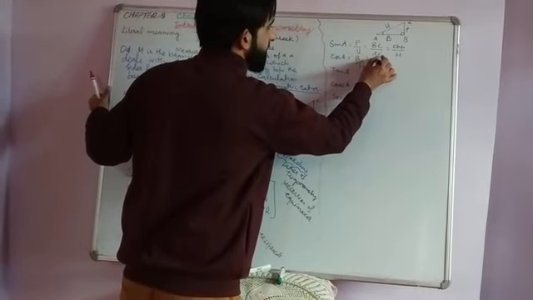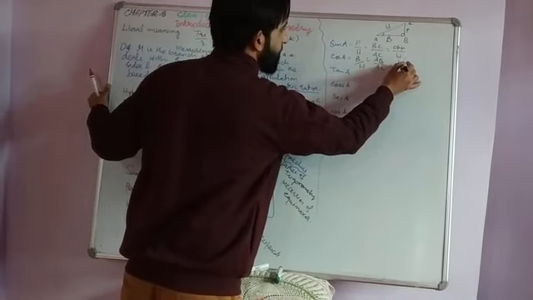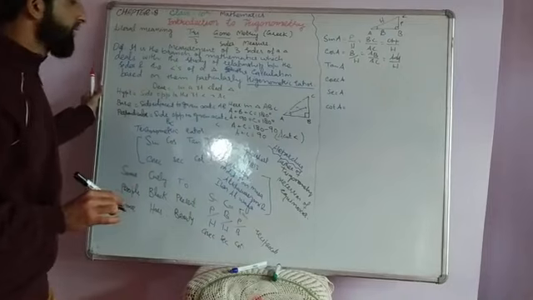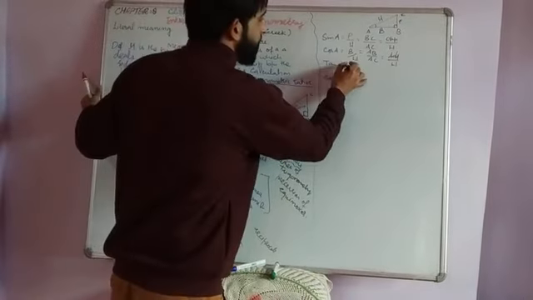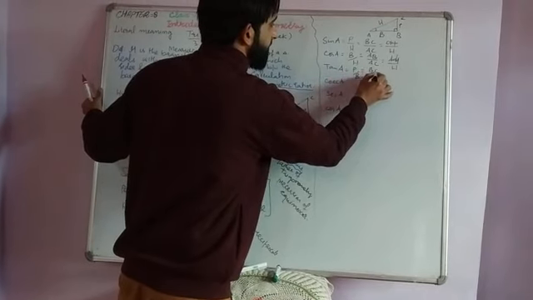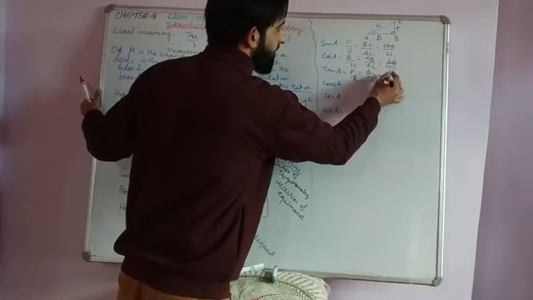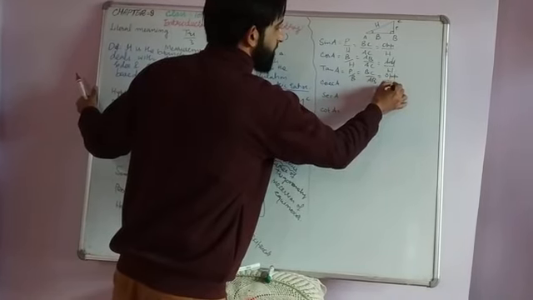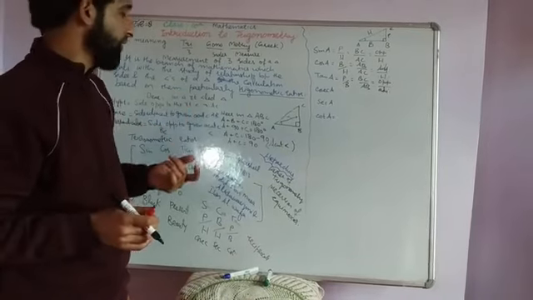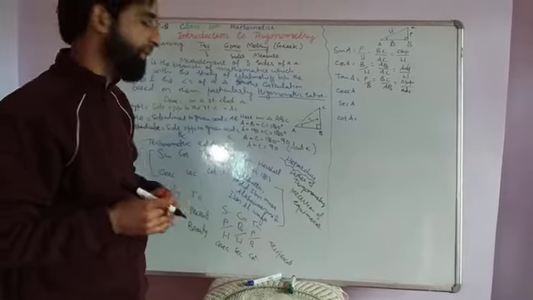Base here is AB and hypotenuse is AC, that is the adjacent side to the given acute angle divided by hypotenuse. Similarly, tan is perpendicular divided by base. Here perpendicular is BC and the base is AB, that is the opposite side to the given acute angle and the adjacent side to the given acute angle. Now, cosec, sec, and cot are the reciprocals of the three ratios sine, cos, and tan respectively.